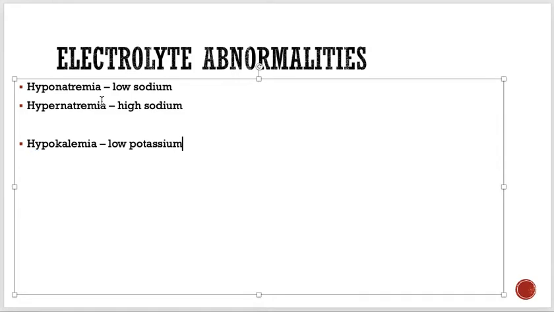Whenever the potassium is more, it is called hyperkalemia, high potassium levels. When the potassium is less than 3 millimole per liter, we call it hypokalemia, and whenever it is more than 5 millimole per liter, we call it hyperkalemia. We can discuss them one by one.